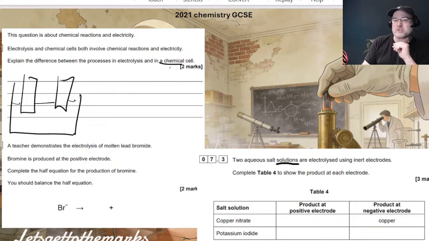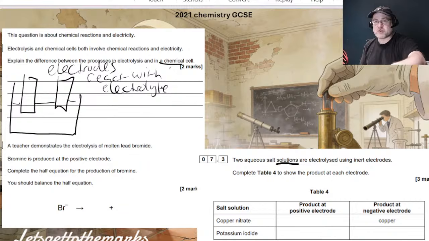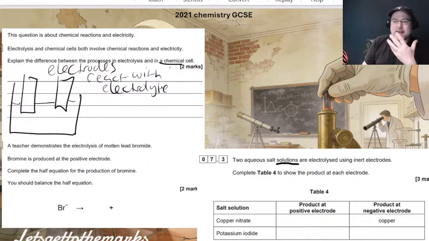That's where the similarity stops. So the difference with a chemical cell is electrodes are not inert. Electrodes react with the electrolyte. Atoms from the electrode go into the electrolyte, and so they're reacting with it.